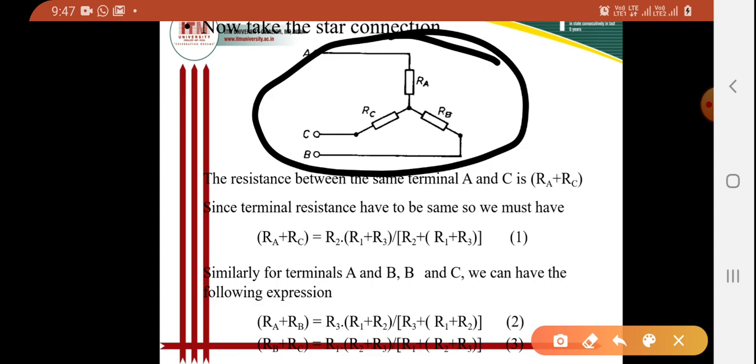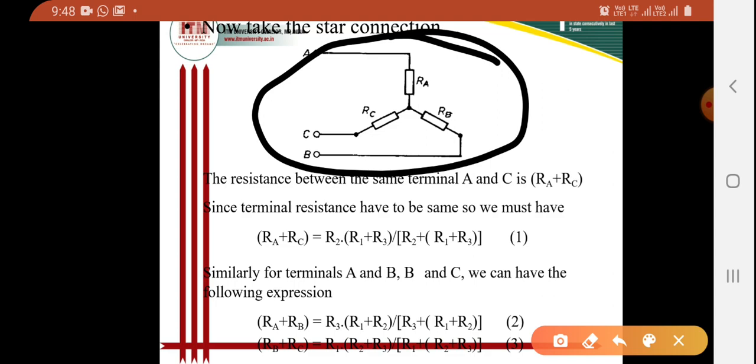There we got two parallel paths for the calculation of equivalent resistance. Now our aim is what? We have to understand how to calculate the equivalent resistance when it is star connected.